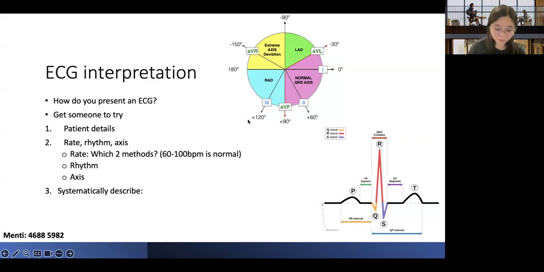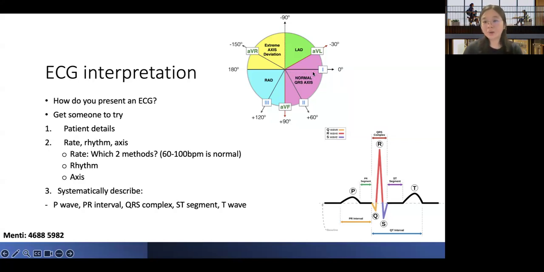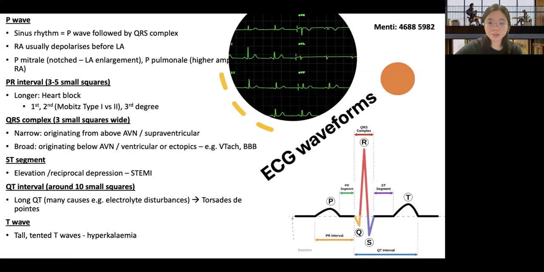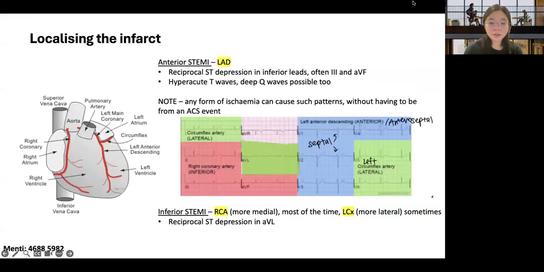And then move on to rhythm, and then axis. Axis, I just wanted to quickly explain. So these are different leads, and by using certain leads, you can tell if it's in the right direction. So if I just jump ahead and show you a real ECG, you can use 1 and 2 to determine the axis.